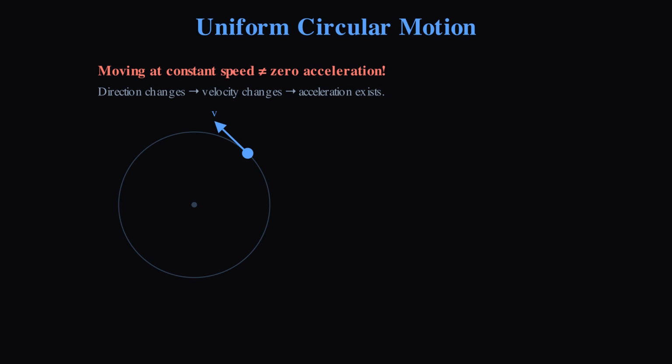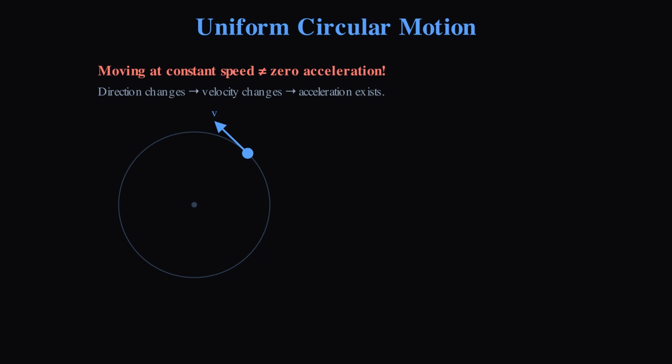At every point on the circle, the velocity direction is tangent to the circle, and that tangent direction rotates as the object moves. A changing velocity means there is acceleration, even though the speed is constant. To find this acceleration, examine the change in velocity over a short time interval.